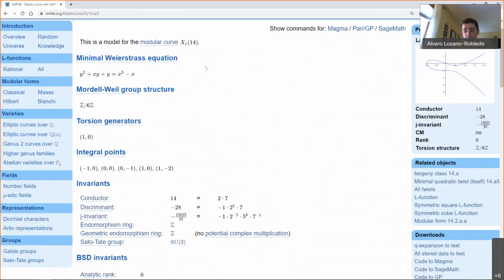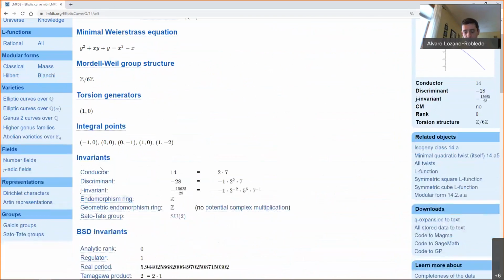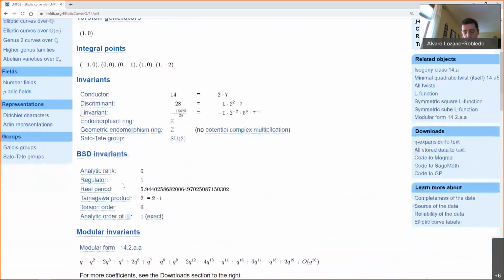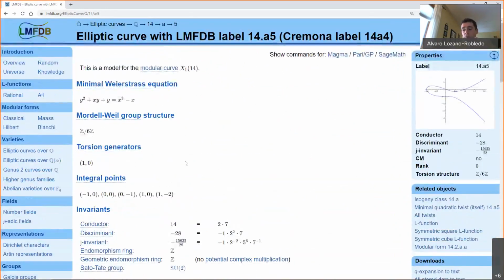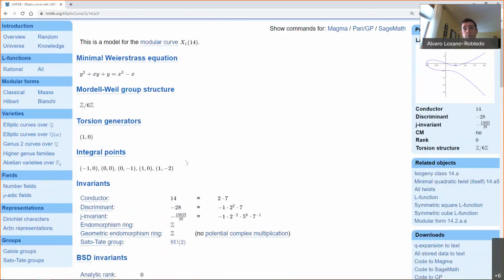The database gives you all sorts of information about the elliptic curves: the curve itself, the conductor, the discriminant, the j-invariant which we have now defined, and other things we have not talked about yet. You have quite a bit of information there and a way to find elliptic curves with certain conditions.